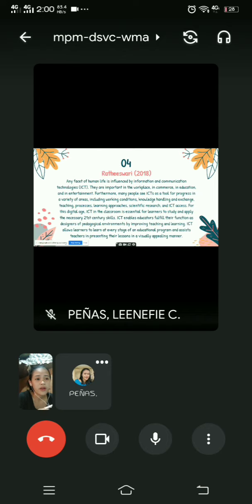According to Ratheswari 2018, all facets of human life are influenced by ICT and communication technologies. For example, we use cell phones, computers, and other technologies to make our work easier. So ICT is important in the workplace, in education, in entertainment, and so much more.